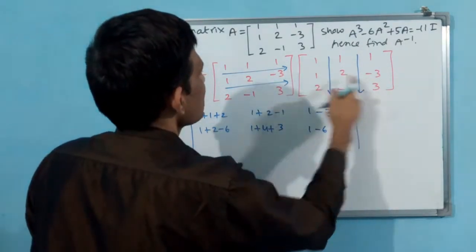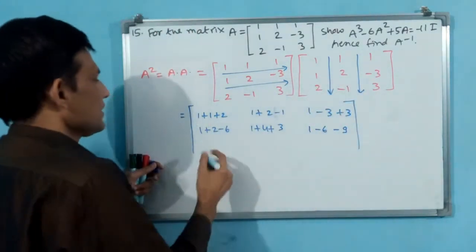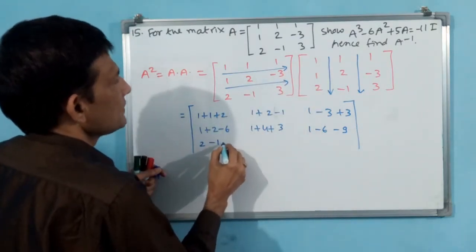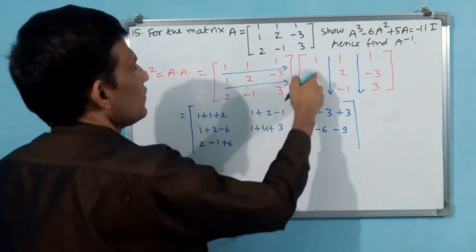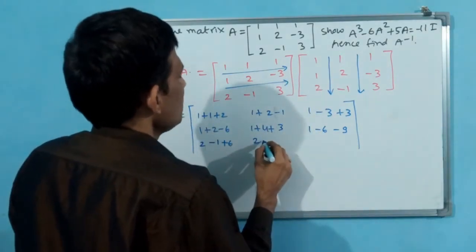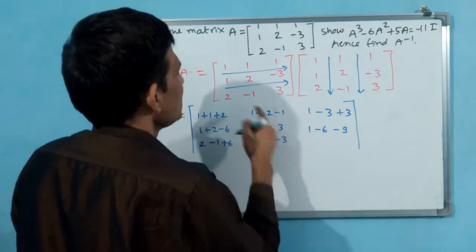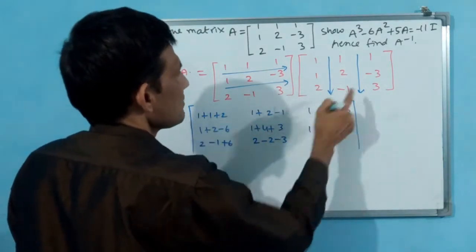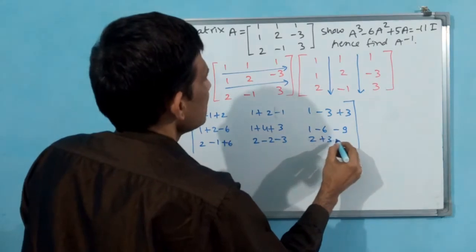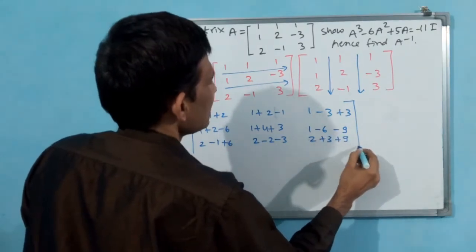Now 2 minus 1 plus 6. Then 2 minus 2 minus 3. Then 2 plus 3 plus 9.